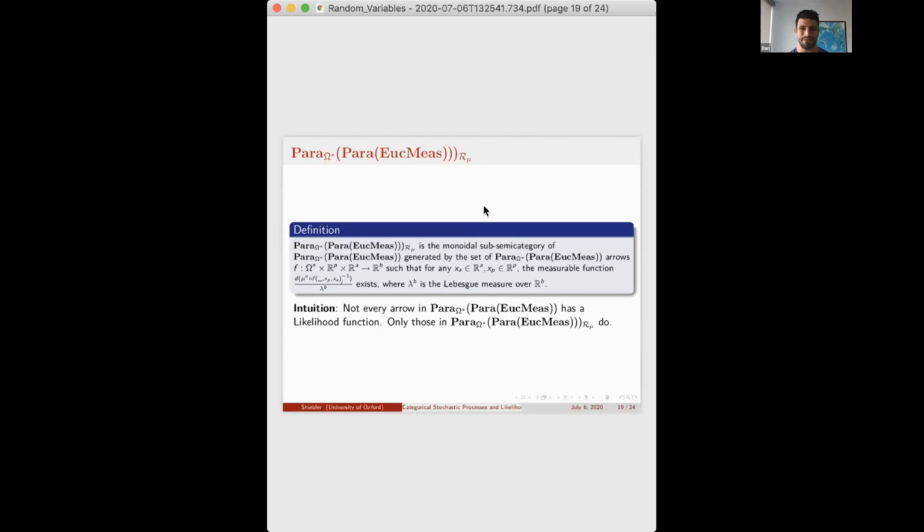I think that's the main pain that I feel. I guess that doesn't exactly answer your question. I don't feel the pain of sticking with the Rn, but I do feel the pain of sticking with Borel spaces rather than quasi Borel spaces.